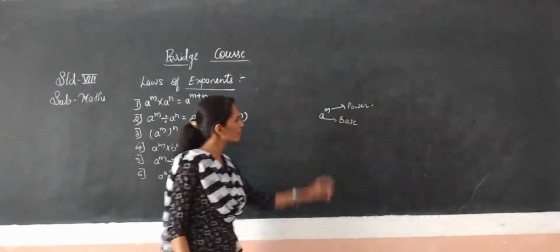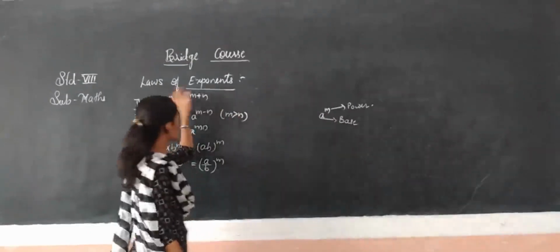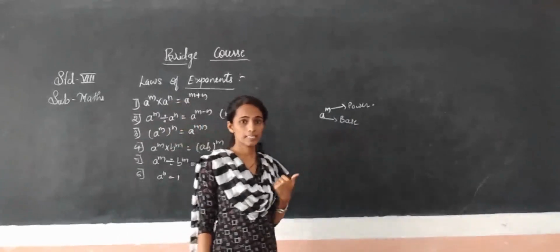So exponent means a number we write in the form of raised to the power. Exponents means powers here. How the numbers are written in the form of powers, that we call exponents.